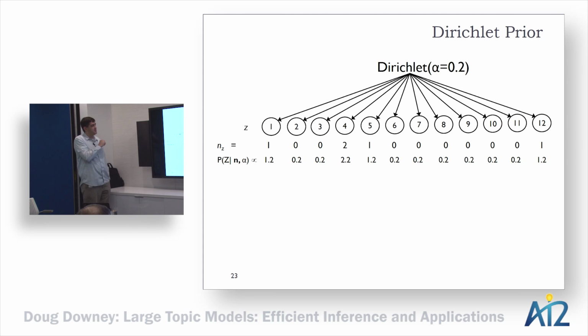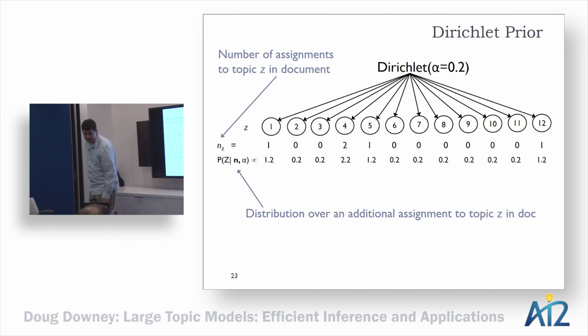So what the Dirichlet does is turn these counts into a probability distribution. It does that by adding this hyperparameter alpha to each one of those counts, turning those into pseudo counts, and then the probability distribution is proportional to those pseudo counts. We just add them up and renormalize, right? So this is how we get a distribution out of a set of counts in the Dirichlet prior.